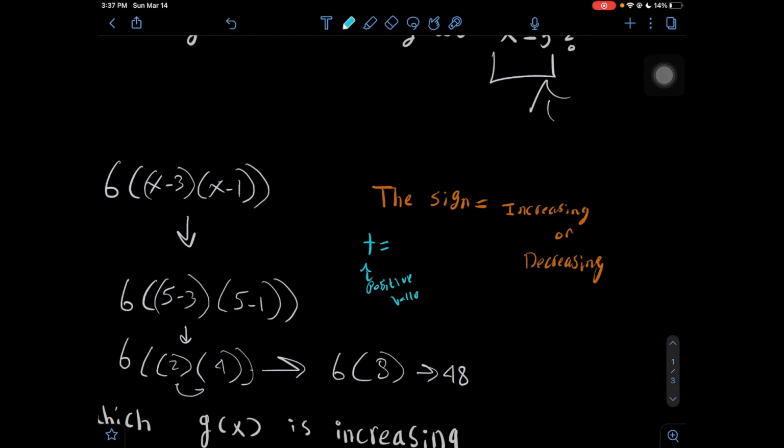After you substitute it into your derivative, this means you are increasing. And if you have a negative value, you are decreasing. That is something you should write down or try your best to remember when dealing with derivatives.